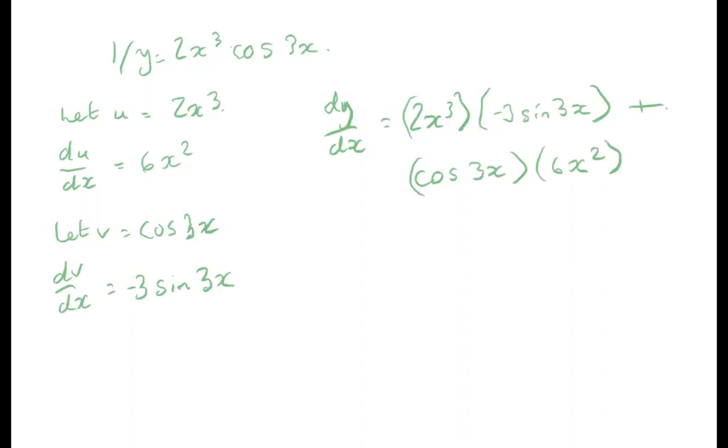And then we can do some simplifying. So minus 3 times 2 is minus 6x cubed sine 3x plus 6x squared cos 3x.